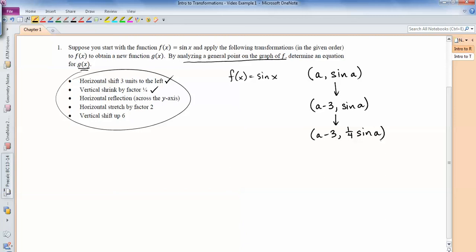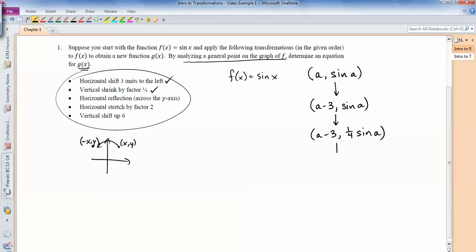So that's pretty simple. Okay, if I'm going to reflect across the y-axis, if you think about it, that means that this point, if it's x comma y, is now negative x comma positive y still. So the x values just change sign.